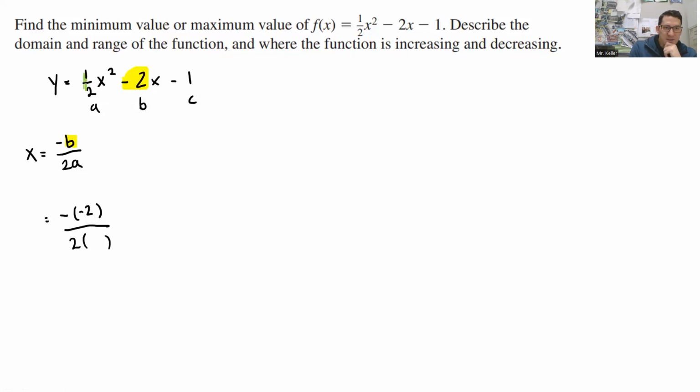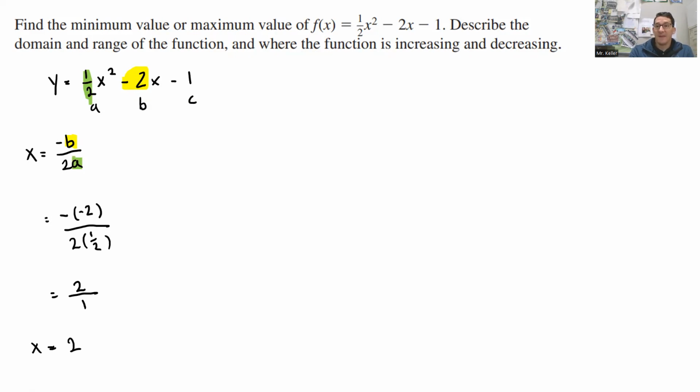This is the a value right here. So that's going to go in here. So a is 1/2. So negative negative 2 is a positive 2. 2 times 1/2 is 1. So this all simplifies to x equals 2 is our value here.